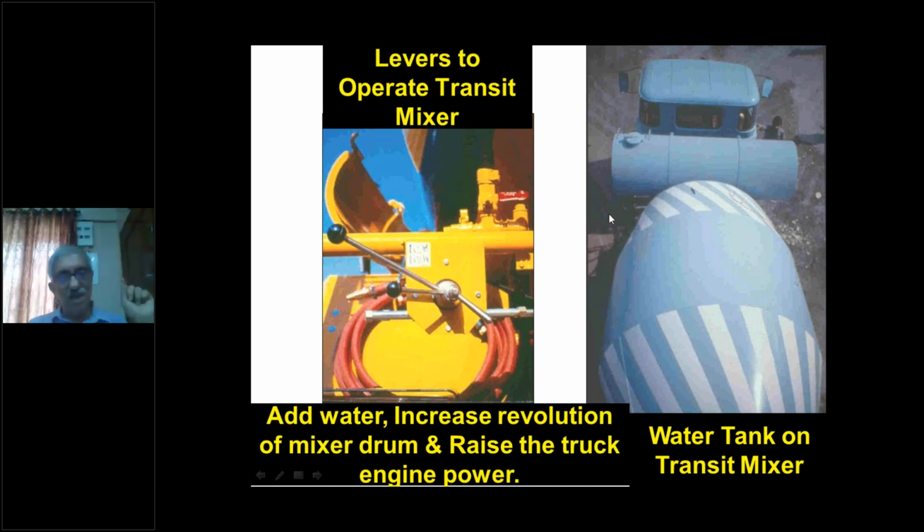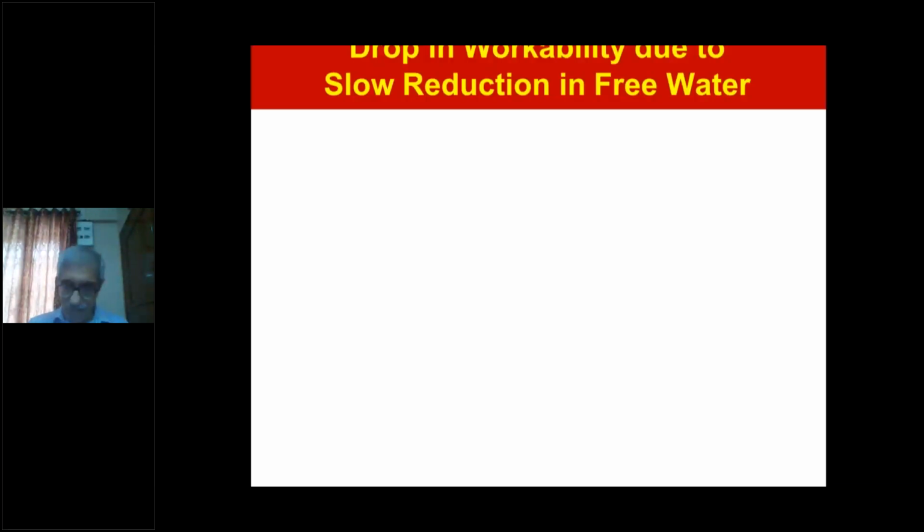But at the same time, they ensure that the water addition at the plant is a little less, so that in case you need to adjust for good workability at the site, in case the transit mixer is caught up in a traffic jam or is delayed for some other reasons, then it is okay if you add admixture along with water a little bit and revive the mix workability.